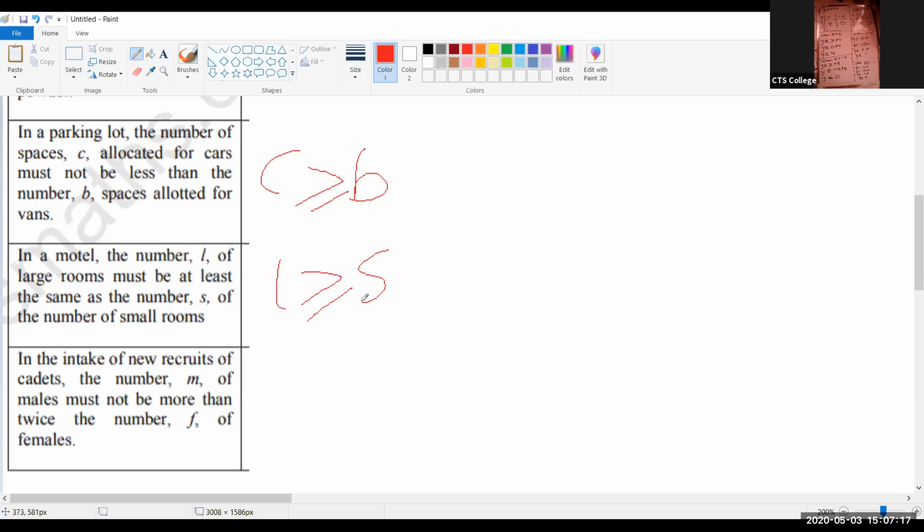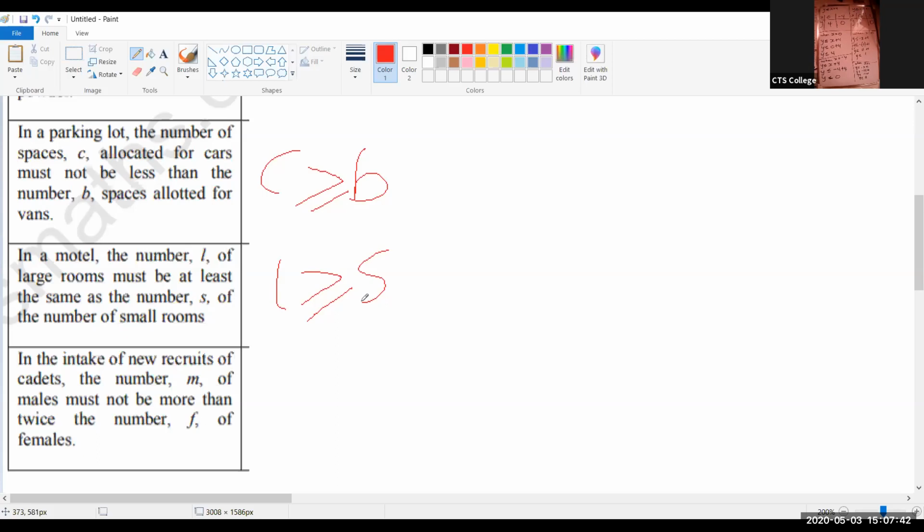Yeah. Right. Last question here. In the intake of new recruits of cadets, the number M of males must not be more than twice the number F of females. How are we writing that?